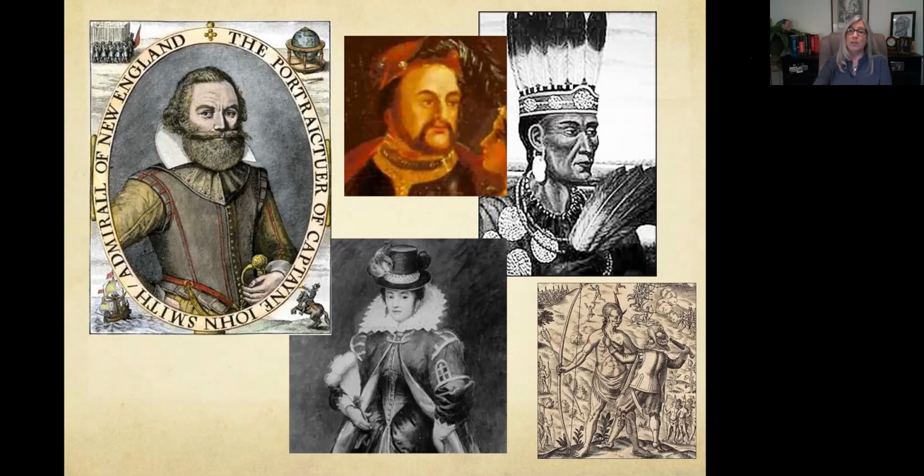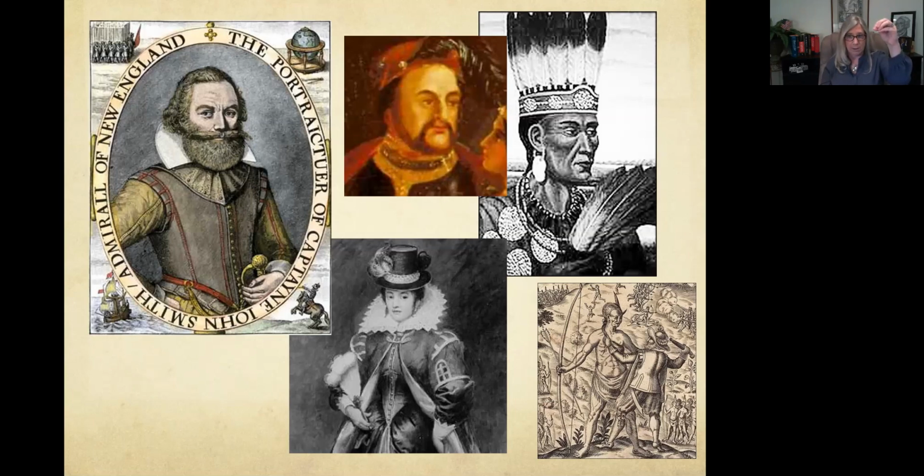Then you have Powhatan. So here's Powhatan, a depiction of what he may have looked like. And he was from one of the Algonquin tribes of Indians here in the eastern woodlands of North America. And we talked before about a chiefdom versus a confederacy. He is what we refer to as a paramount chief.